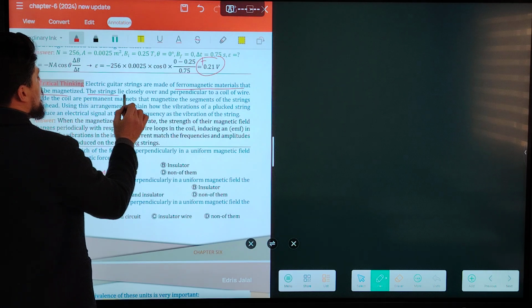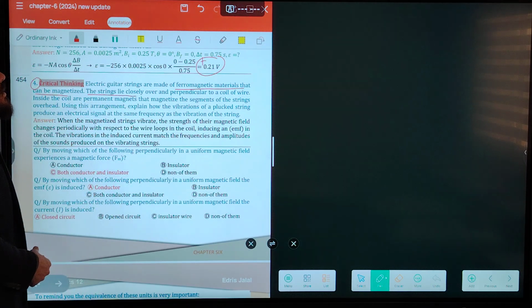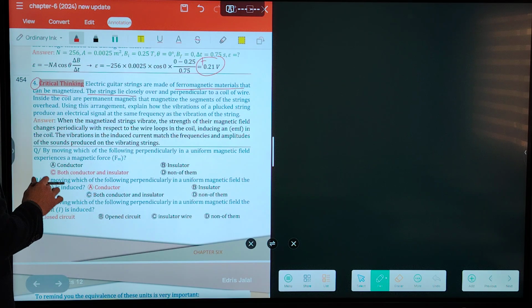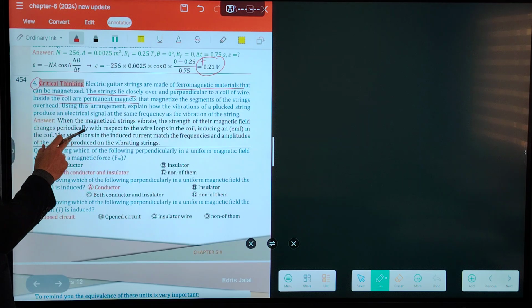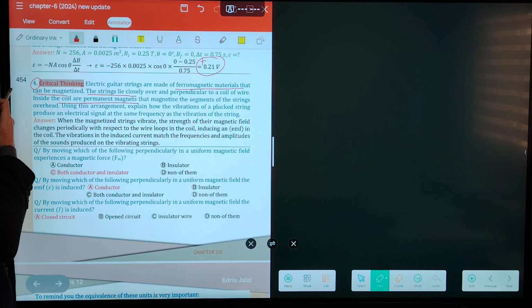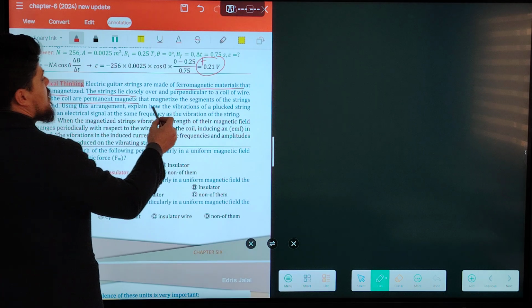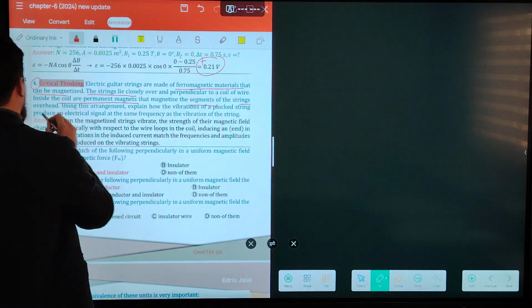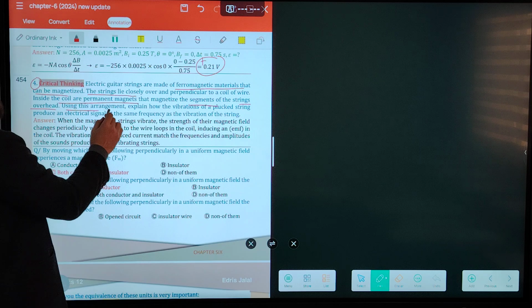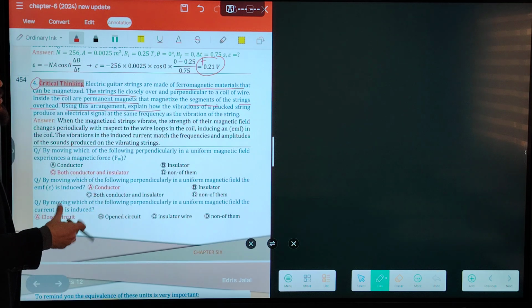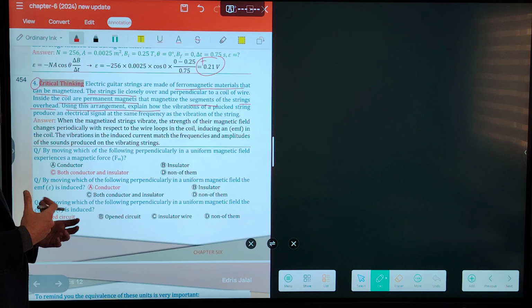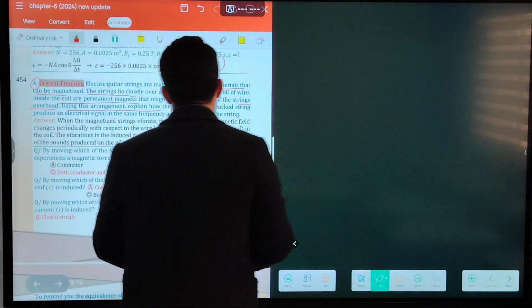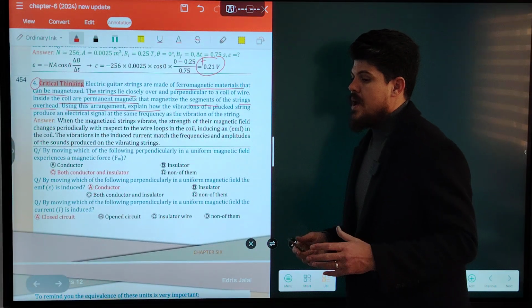The strings lie closely over and perpendicular to the coil of wire. Inside the coil are permanent magnets that magnetize the segment of the string overhead. Using this arrangement, explain how the vibrations of a plucked string produce an electrical signal at the same frequency as the vibration of the string.